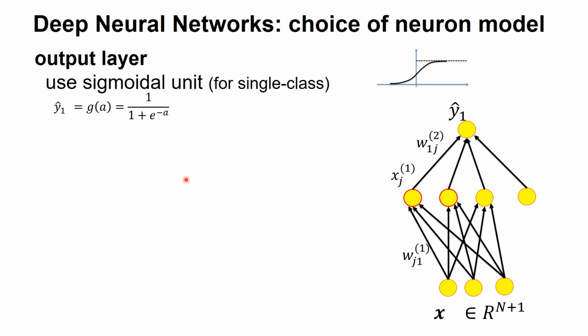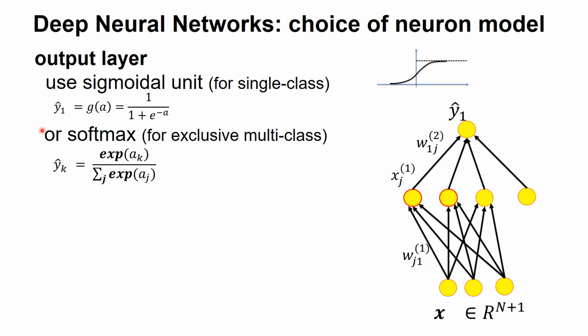Now, if you look at standard recommendations for settings of deep neural networks, you probably find that in the output layer, in the context of classification, we should use a sigmoidal unit if it's for a single class, or a softmax function if we have exclusive multi-class problems, in which case we would have several output units, and the softmax ensures that the sum of the activities of the outputs is always normalized to 1.